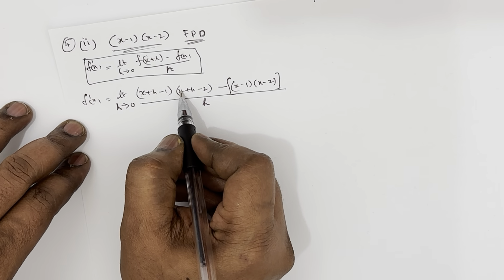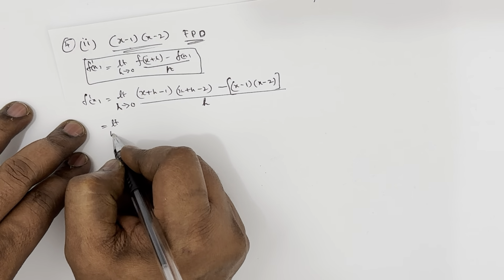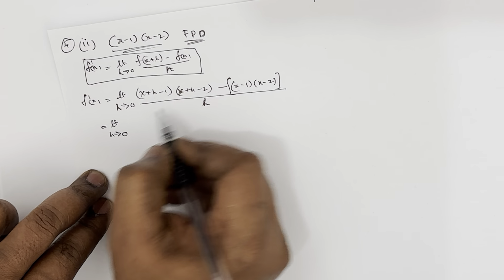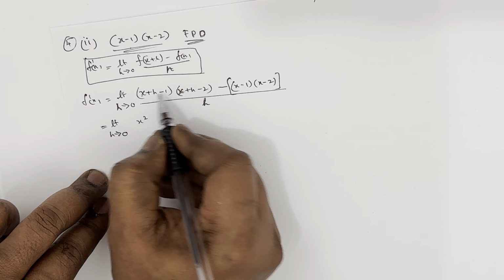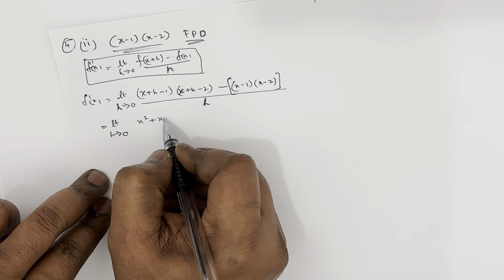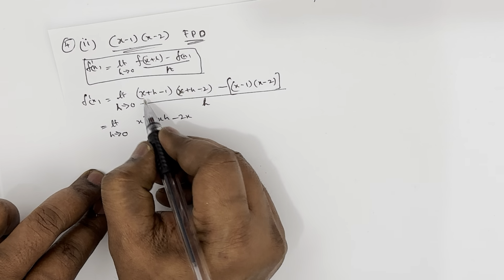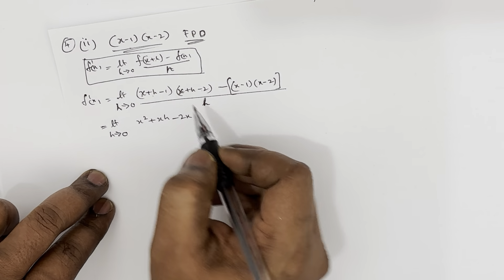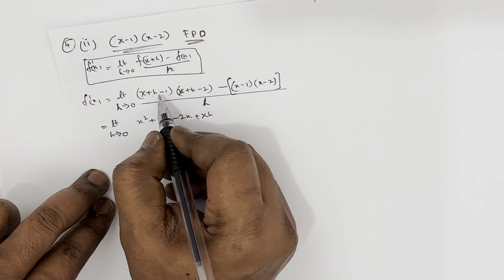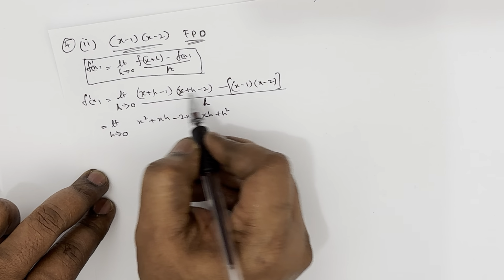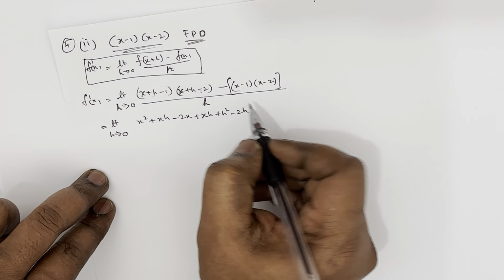Now let's multiply this. Limit h tends to 0, x into x is x square, x into h is plus xh, x into minus 2 is minus 2x. Now h into x is plus xh, h into h will be plus h square, h into minus 2 will be minus 2h.